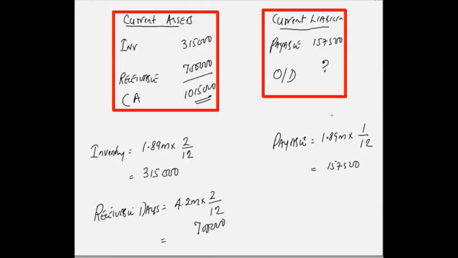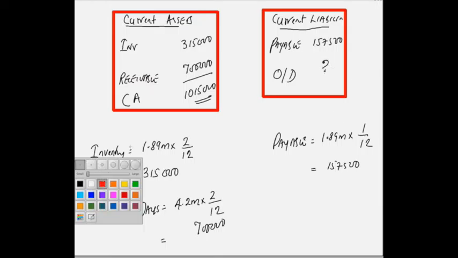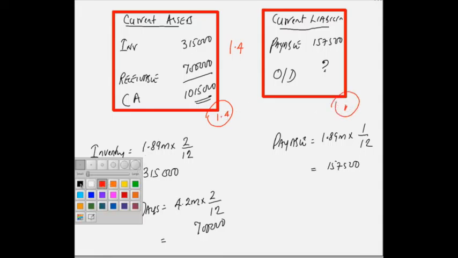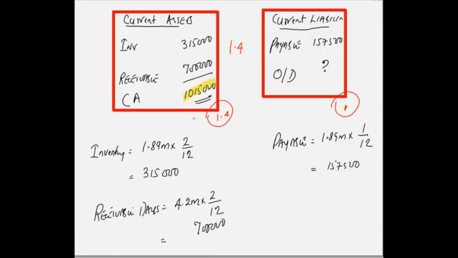That's the question. The examiner has said the ratio between current asset and current liability is 1.4. Meaning if this is 1.4, this has to be 1 in size. I can do simple math. I divide this by 1.4 to get the total current liability.